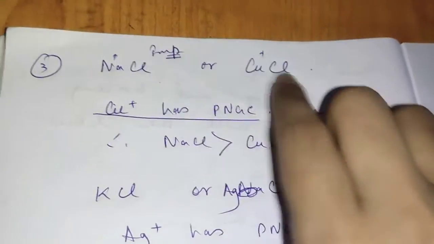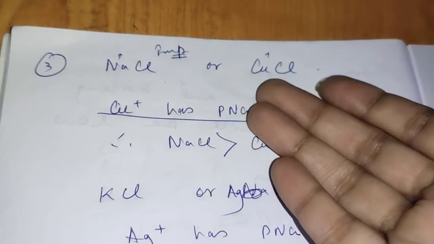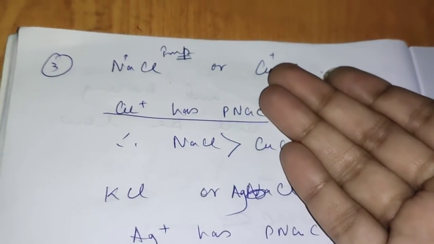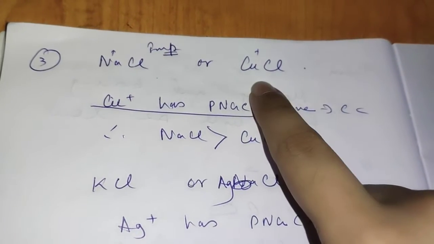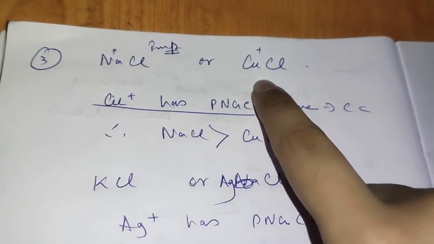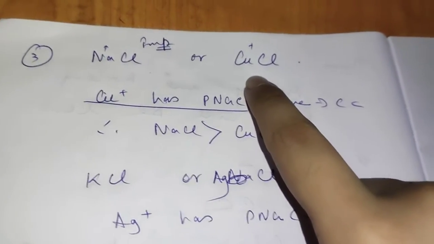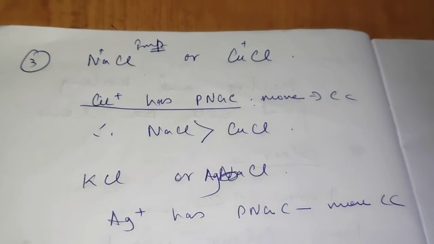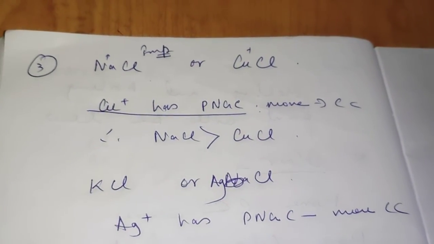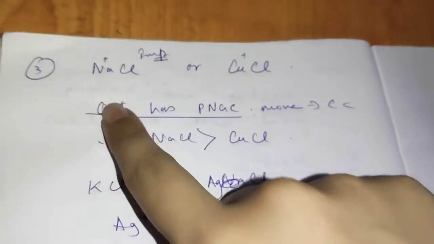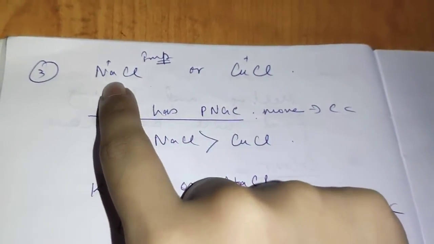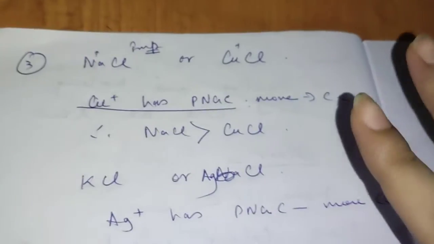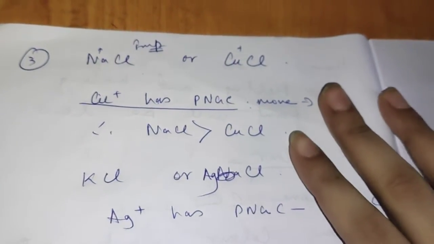So therefore, since the anions are the same, and Cu plus has got pseudo noble gas configuration, it will have more covalent character. More covalent character means less melting point, right? Covalent character and melting and boiling points are inversely proportional to each other. So hence, definitely, since sodium chloride has got less covalent character as compared to this one, sodium chloride will have more melting or boiling point as compared to copper chloride.